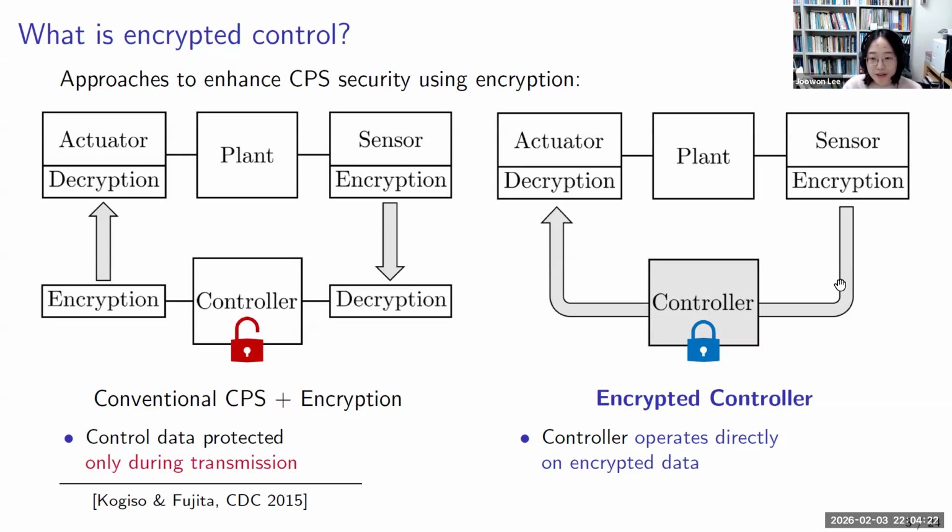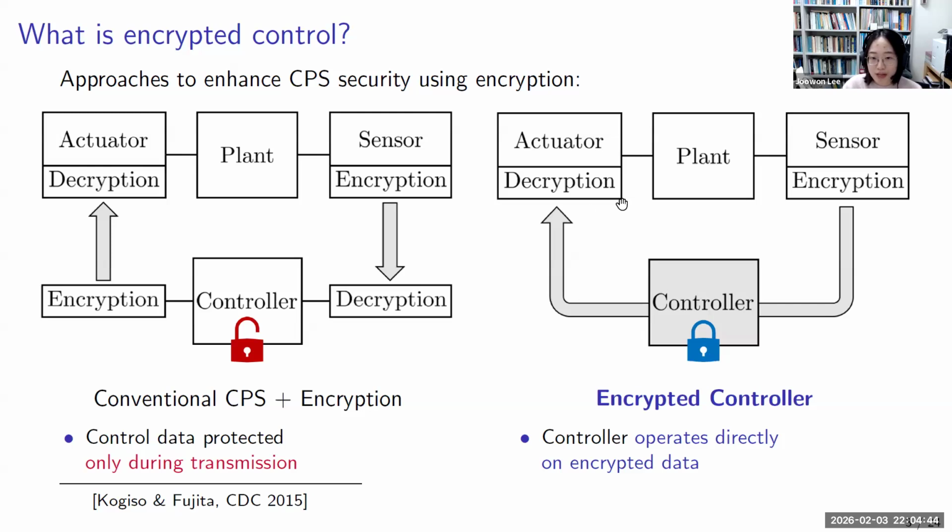On the other hand, in this encrypted control system on the right, the encrypted controller operates directly over encrypted data, so the control parameters are hidden and the control data are protected throughout the whole cyber layer.